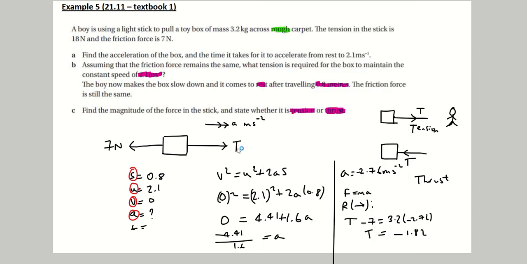So we assumed on our diagram that the tension was acting to the right, so it was a pulling force, but because we've got a negative answer, it actually means it's acting in the opposite direction. It means it's towards the box, which means it's a force of thrust. So the force is a thrust of magnitude 1.82 newtons, and that's how you do this question.